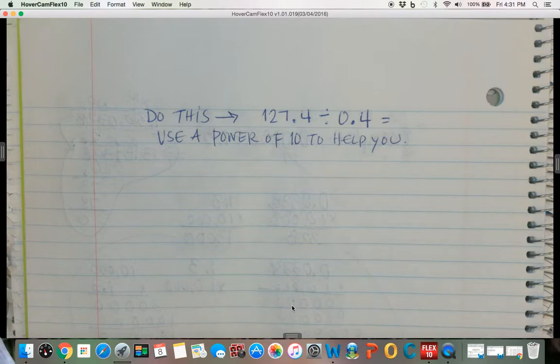Very, very important stuff, because by the time you get to 8th grade, you're going to be doing so much of this, and you will have variables instead of numbers, and you will have variables that mean fractions of numbers, and decimals are fractions of numbers. So I really want to build your understanding of this right now. Okay?